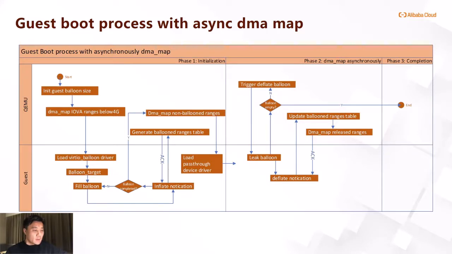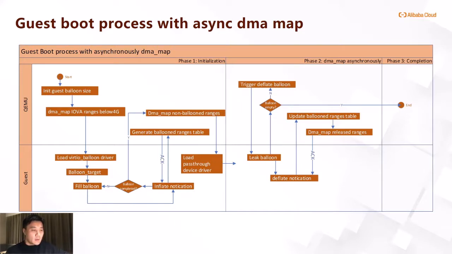Then let's turn to the guest view. The guest OS will enable the virtio-balloon driver first. Then it queries the balloon configuration and begins to inflate the balloon to the target. It will call fill balloon to allocate pages and tell the host the PFN of the balloon pages. The backend driver receives this notification and uses the PFN to generate the balloon page table.